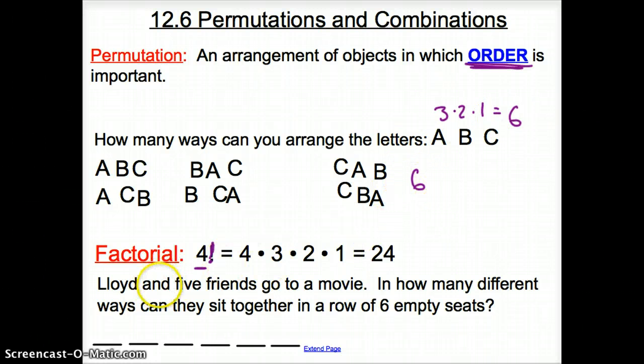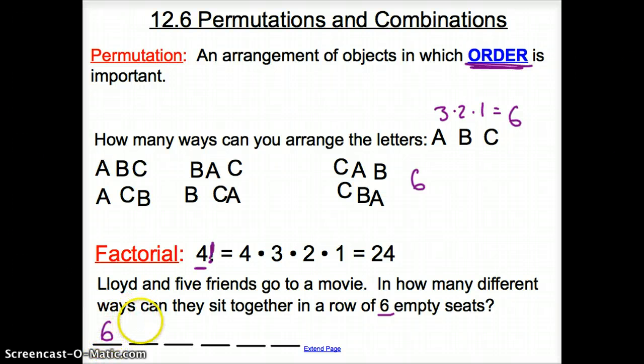Another example here, Lloyd and 5 friends go to a movie, and how many different ways can they sit together in a row of 6 empty seats? So if we let 6 empty seats be 1, 2, 3, 4, 5, 6, right here, we have 6 total friends and 6 empty seats. So of those 6 friends, how many people can sit first? 6 of those. Now one person sits here.